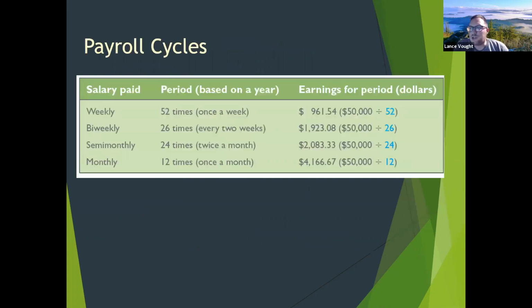So if you've heard these terms before, or if you've ever had a job, you probably know what these terms are. But these are the typical 4 choices for payroll cycles. So if you're getting paid weekly, I'm trying to think, I think I've been paid in all of these at some point in my life.